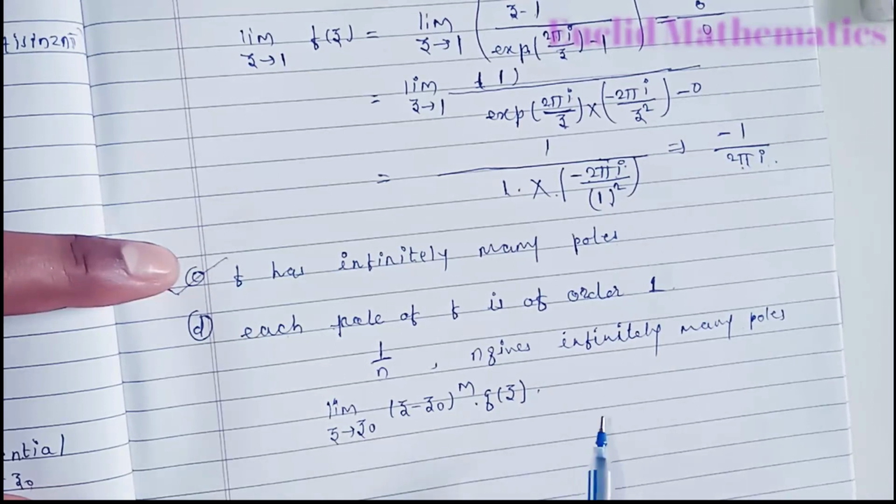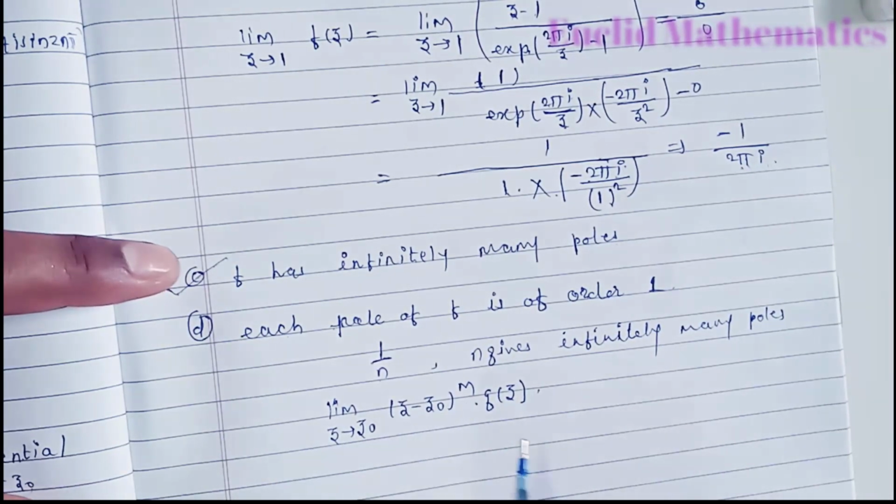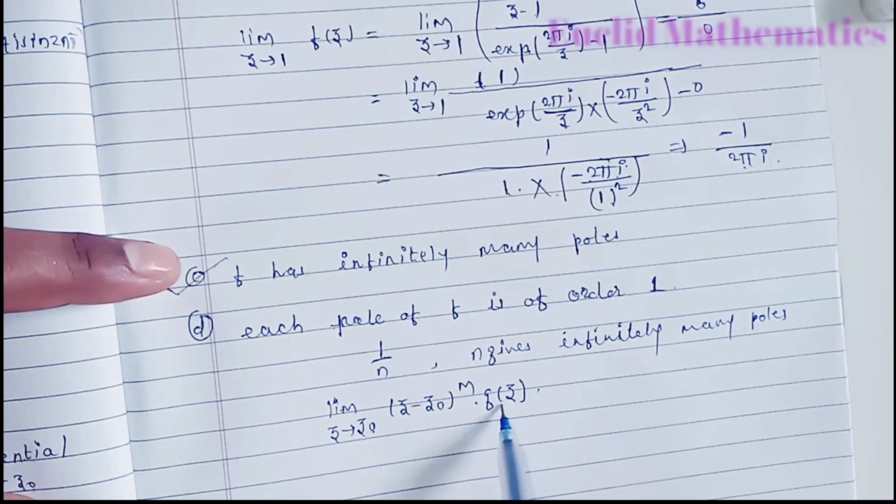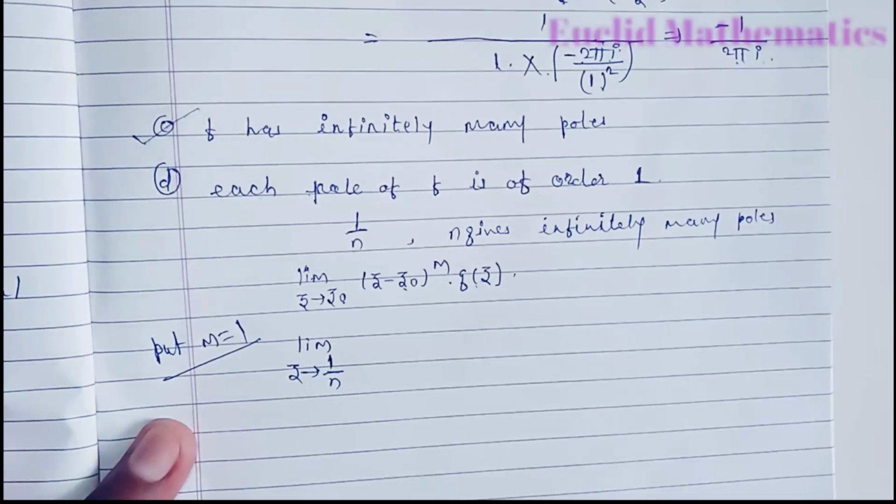For finding a simple pole or multiple pole, we use the limit as z tends to z naught of z minus z naught raised to m into g of z. Now substitute the value of g of z at the point z naught where the function has a pole.